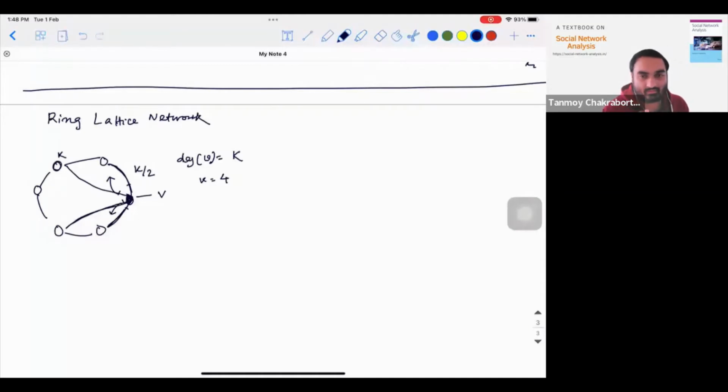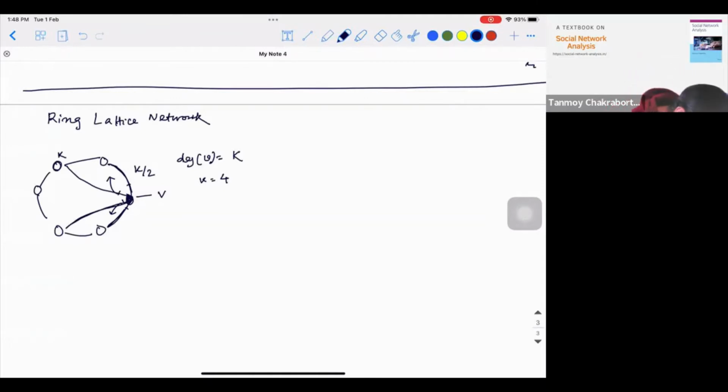You connect k by 2 immediate neighbors on the left side and k by 2 immediate neighbors on the right side. Now this is called a regular ring lattice. I hope the design principle is clear, right? How this network is formed.